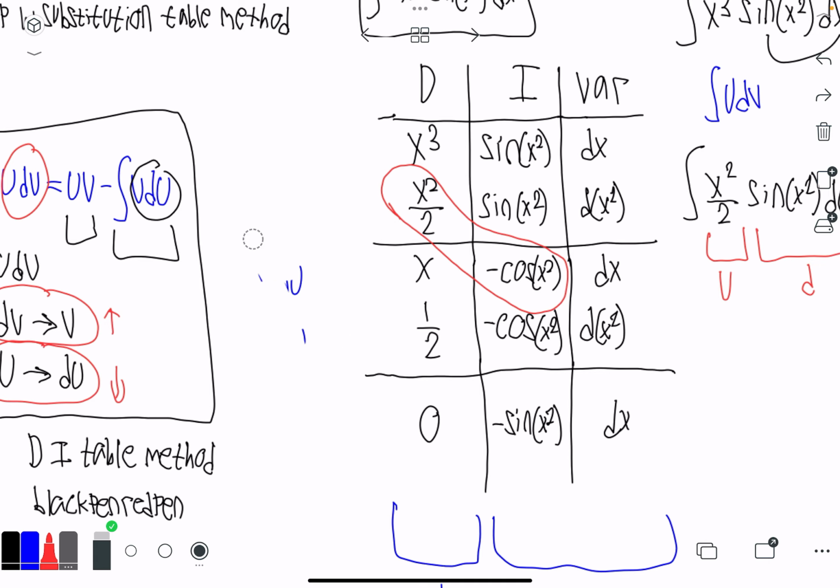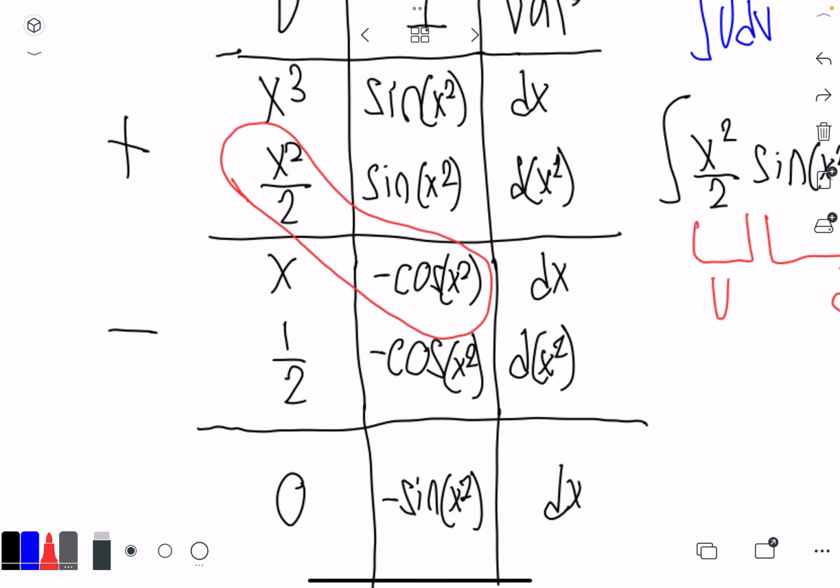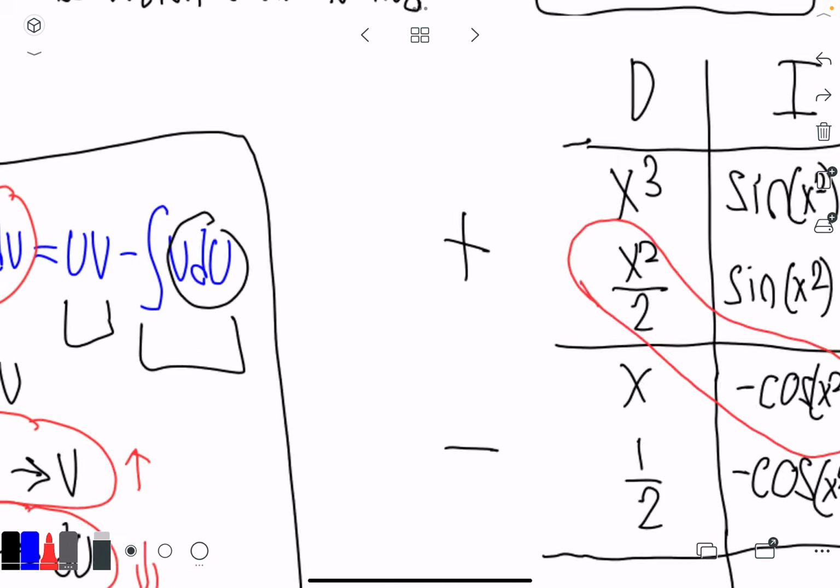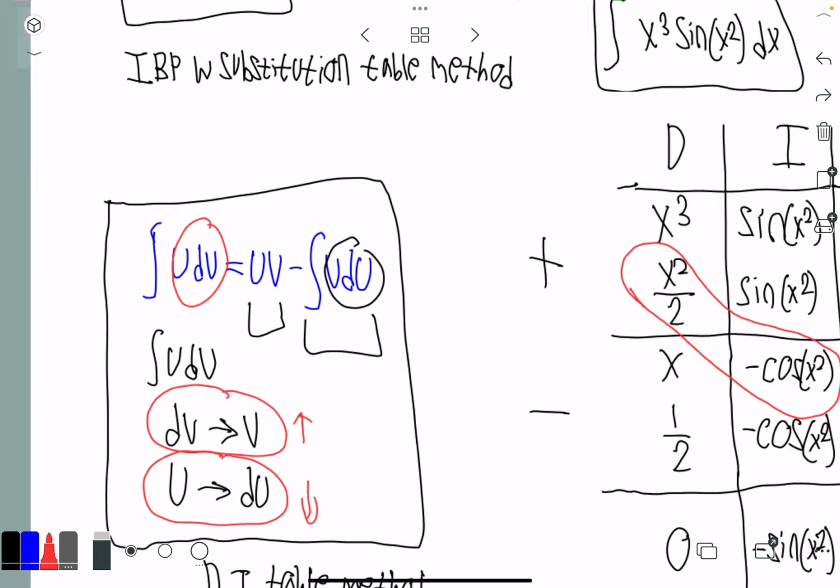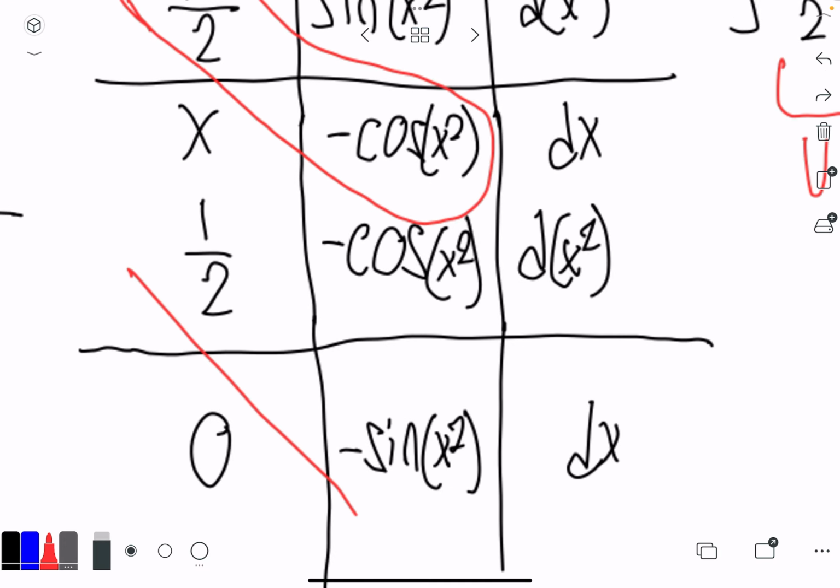Hold on there. I'm still trying to explain this. So positive, this is going to be negative because of the sign. And where's the uv for this integral? Well, we rewrite it. Where's the uv again? The front part here, it's this thing.